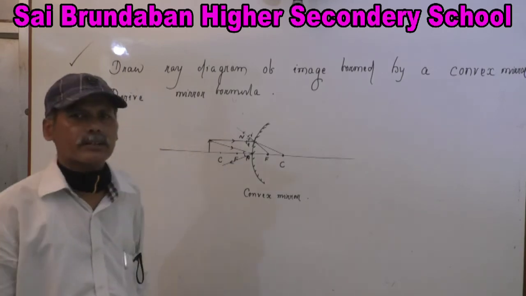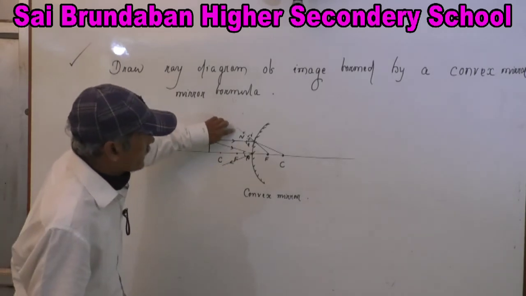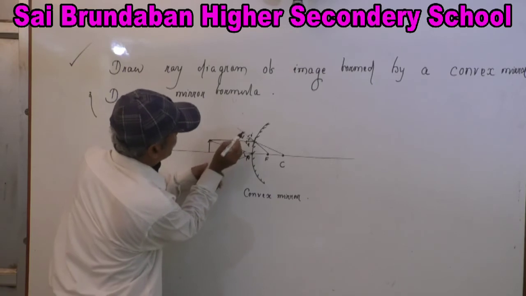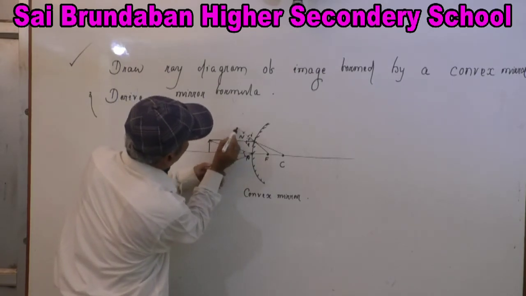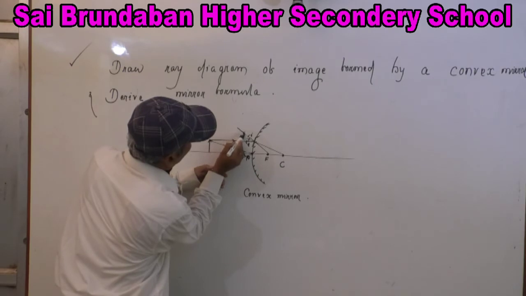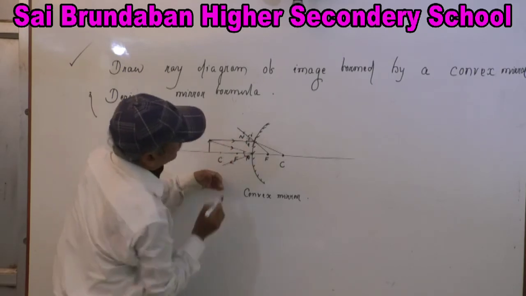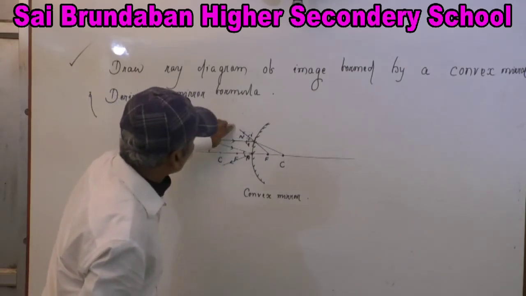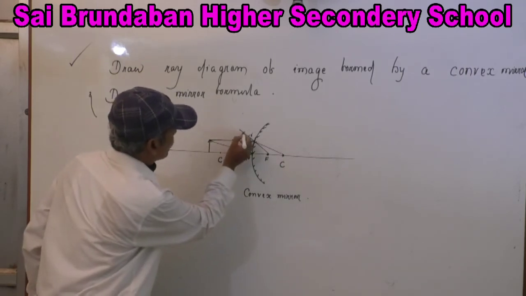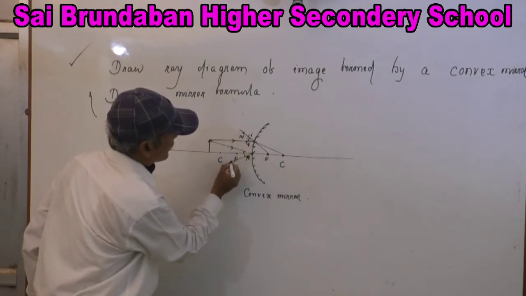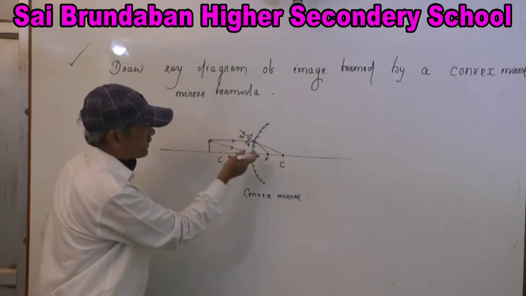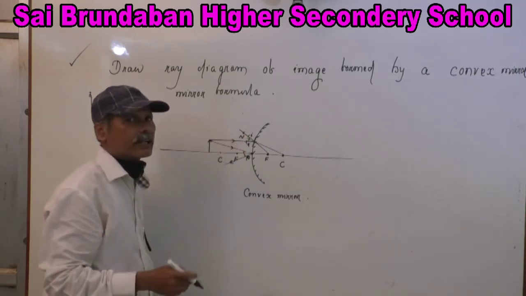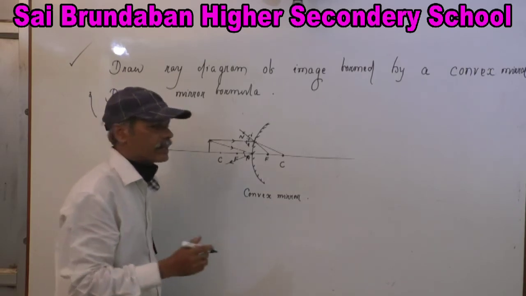You see here is one reflected ray, here is another reflected ray. Both the reflected rays are divergent in nature. So what to do? We have to extend it.